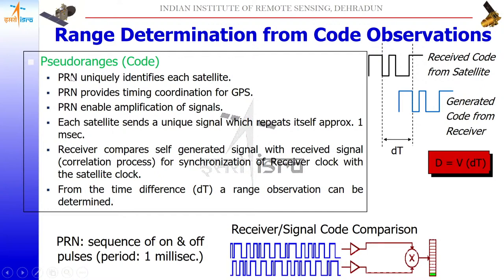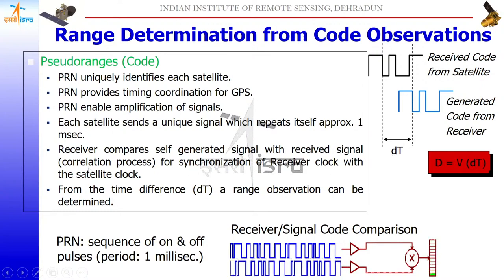This PRN, I told you, represents each individual satellite. Pseudo Random Number uniquely identifies each satellite, and PRN provides timing coordination for GPS. Then PRN enables amplification of offset signals. Each satellite sends a unique signal which repeats itself approximately every 1 millisecond. The receiver compares its self-generated signal with the received signals.